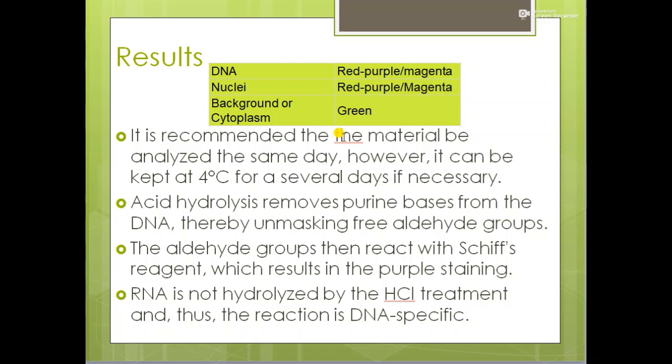Same as we had mentioned, the acid hydrolysis creates aldehydes, and the aldehydes react with Schiff's reagent, which results in the purple staining. And one thing we should note here is that RNA is not hydrolyzed by HCl treatment, and thus this reaction is considered DNA specific.